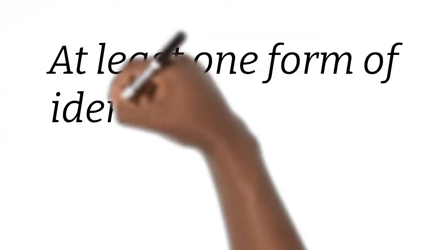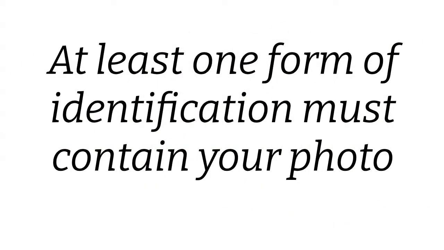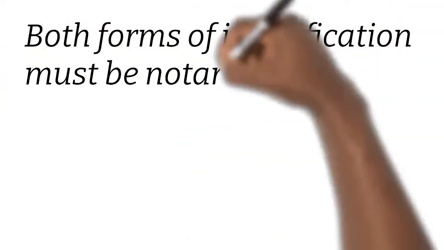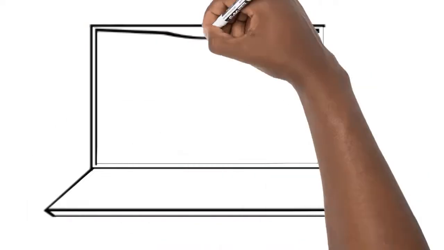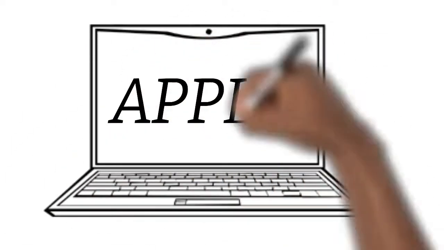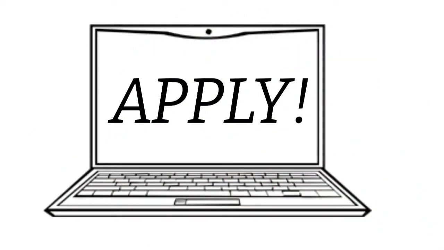Now, at least one form of identification must contain your photo, but both forms of ID must be notarized copies of the original document. Now, once you have your 2 forms of identification notarized, then you can apply to the National Nursing Assessment Service and create an online account.